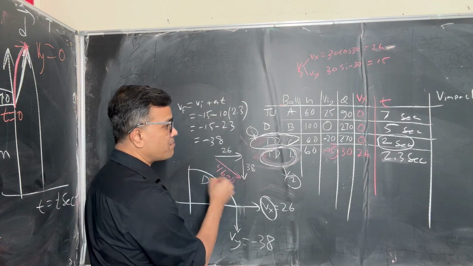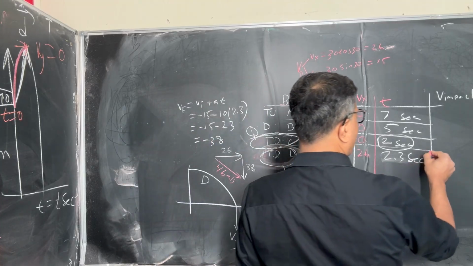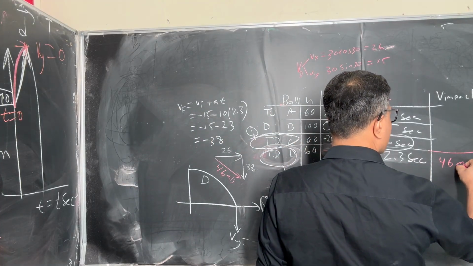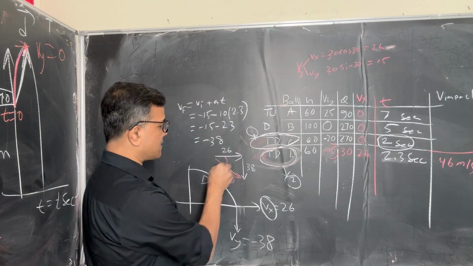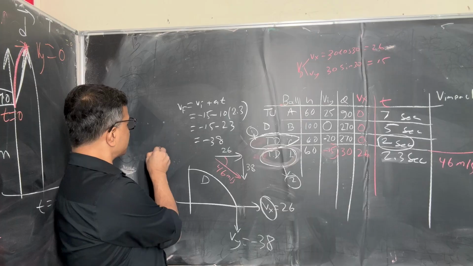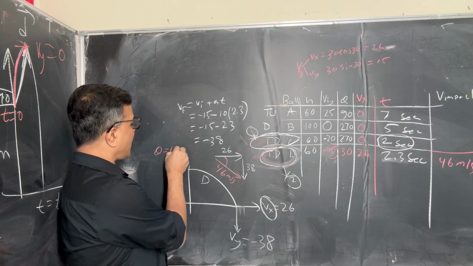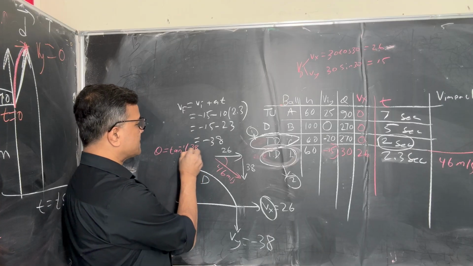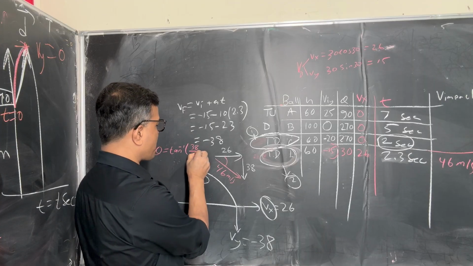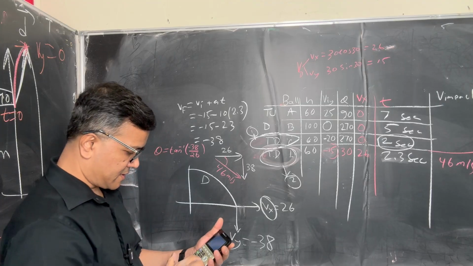46 meters per second. Impact velocity for this one, 46 meters per second, right? And what direction? Okay, let's find the direction. Tangent theta is tan inverse of 38 divided by 26. Don't forget negative 38.